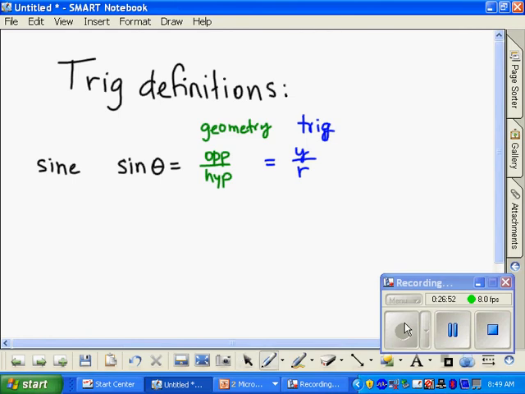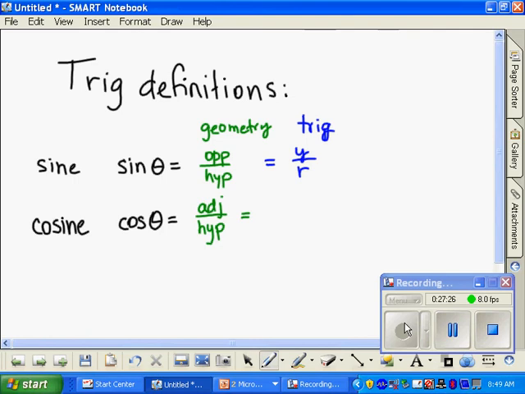And then our next trig word is cosine. I'm writing it out in full, but we abbreviate it as cos. Always behind a trig word you will place an angle, so we're going to put a theta there. In geometry, do you remember what cosine is? Good. Adjacent over hypotenuse. But the side that was adjacent wasn't the y, and it wasn't the hypotenuse.